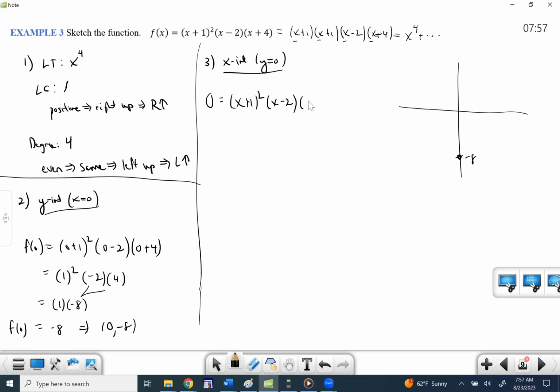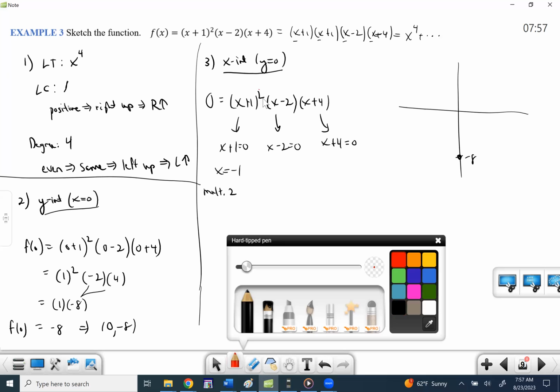Now this one's already factored. We'll work our way into ones where we have to factor, but we just set each factor equal to 0. We don't need their exponent. Their exponent is just telling us the multiplicity of that zero. So we have x equals -1, and that's going to have a multiplicity of 2 because its exponent is a 2.